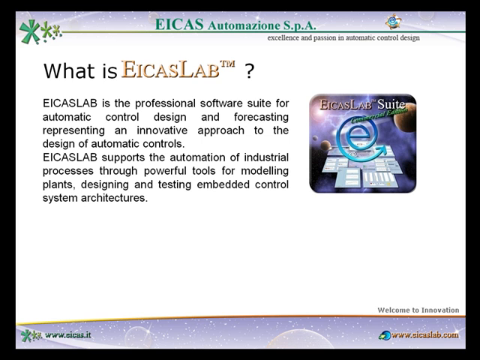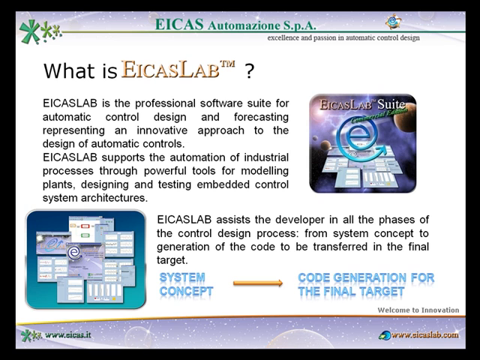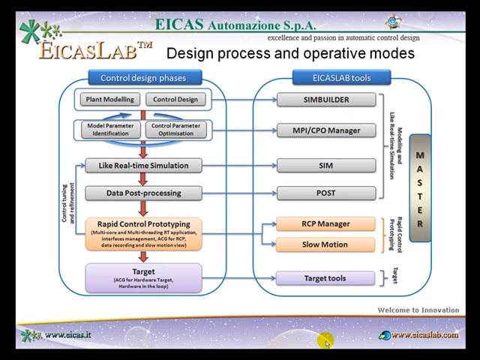EICASLab supports the automation of industrial processes through powerful tools for modeling plants, designing and testing embedded control system architectures. EICASLab assists the developer in all the phases of the control design process, from system concept to generation of the code to be transferred to the final target.